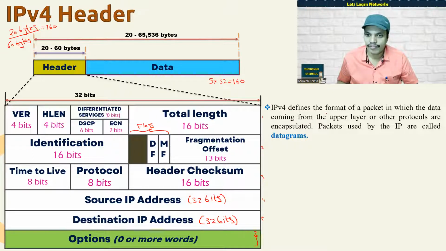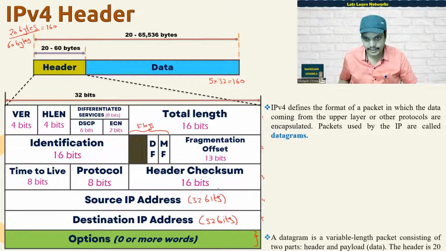IPv4 defines the format of a packet in which the data coming from the upper layer or other protocols are encapsulated. Packets used by IP are called datagrams. Because IP is a connectionless service, IP packets are usually called datagrams. What is this encapsulation? I will show you with an example.